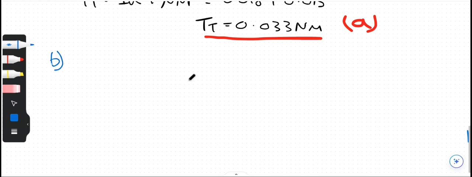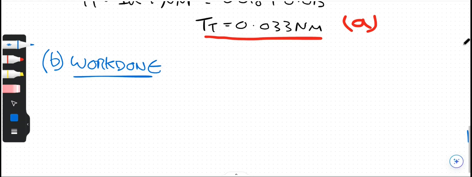Okay, so part B, work done. We know from previously that work done in angular motion is total torque, which we've just worked out, times angular displacement.